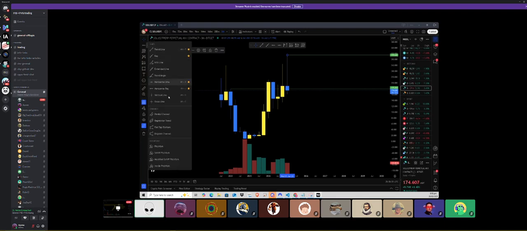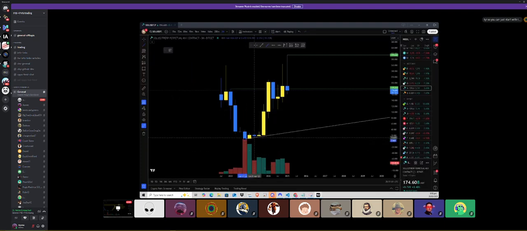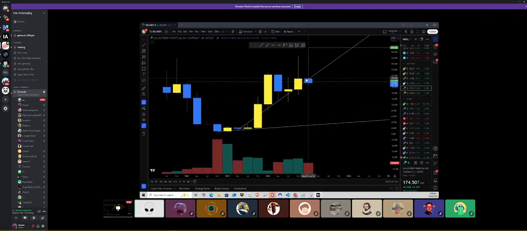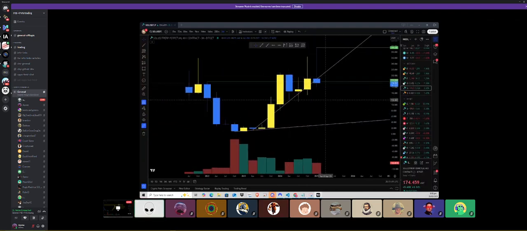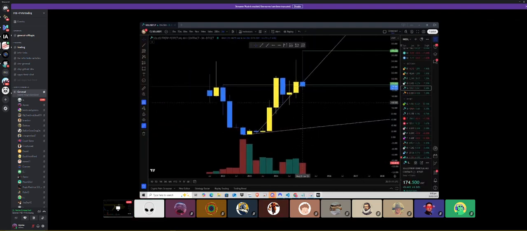We have a 3-month uptrend. See, it's on the 3-month uptrend. Can't break it. Next candle could, if it opens there. So fingers crossed.